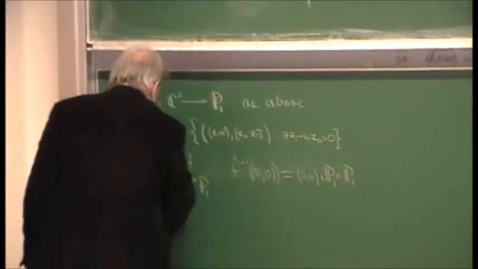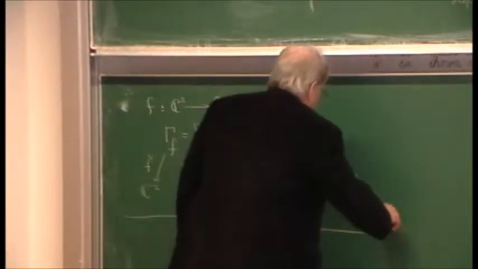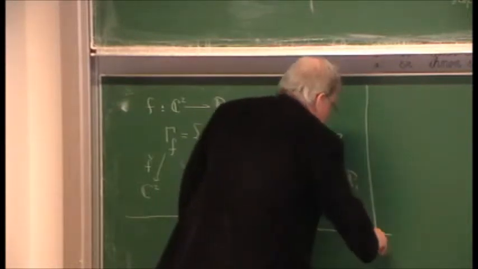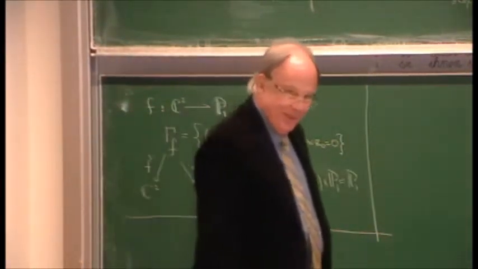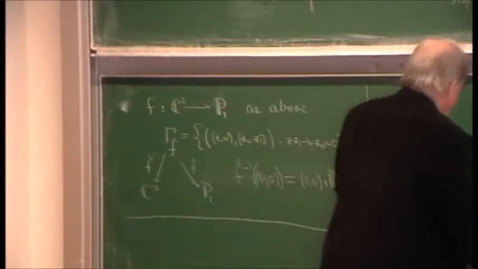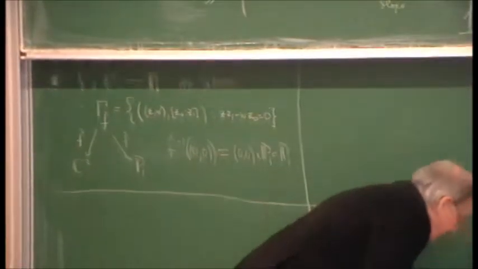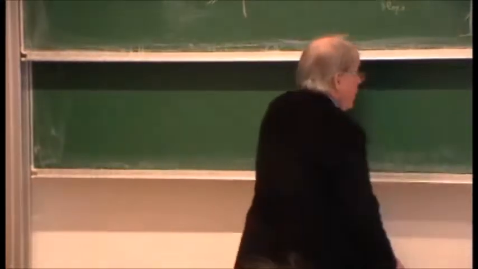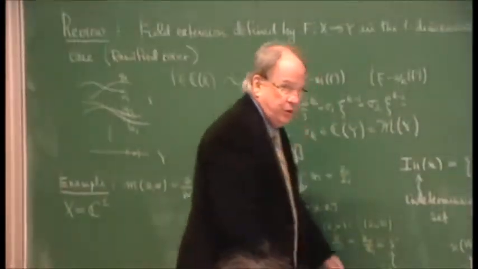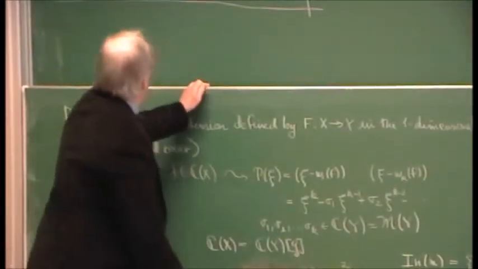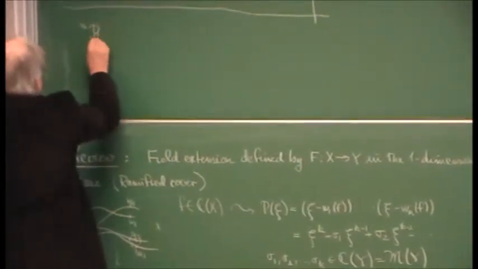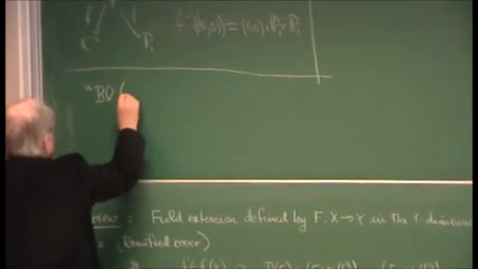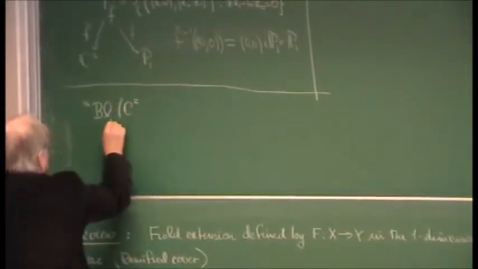And now I want to analyze that thing. So I want to make a picture of this thing. Because this construction is a fundamental construction of complex analysis. This is called the blow-up of C2 at the origin.